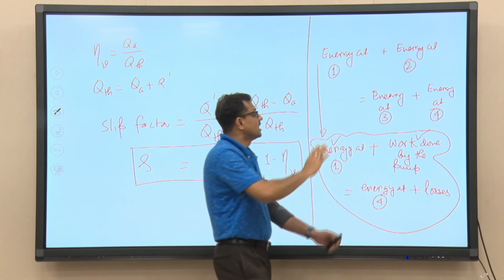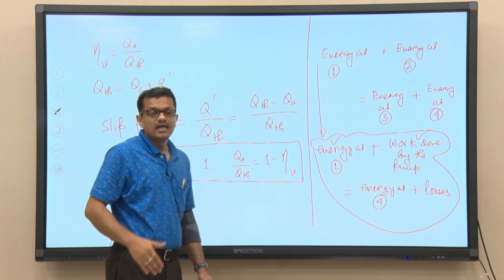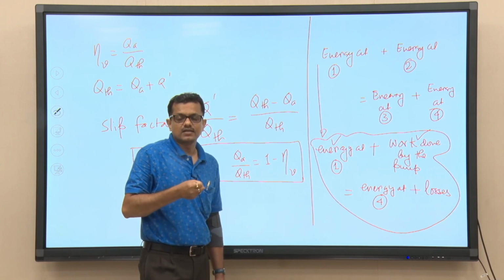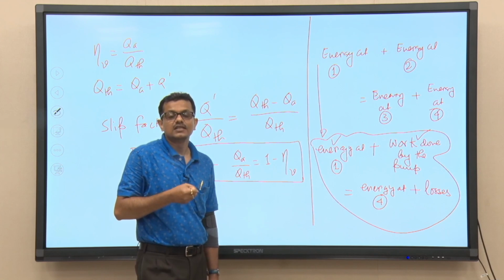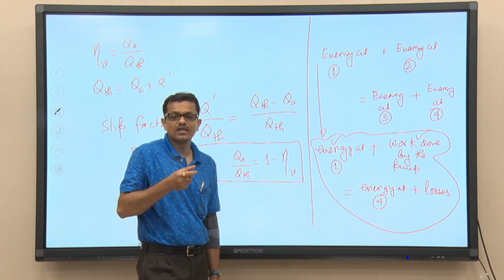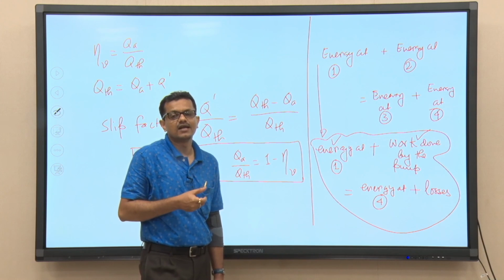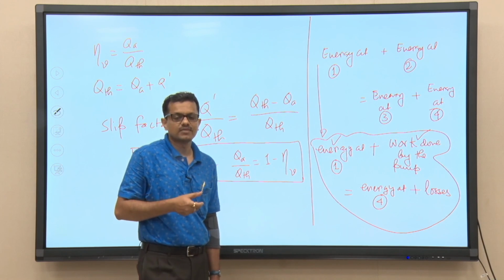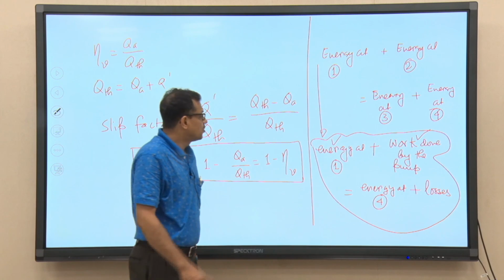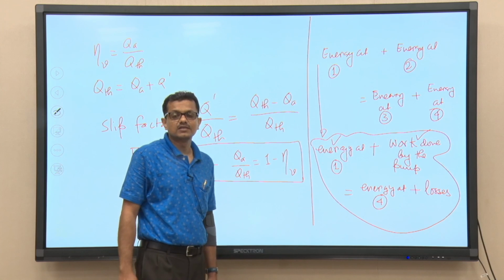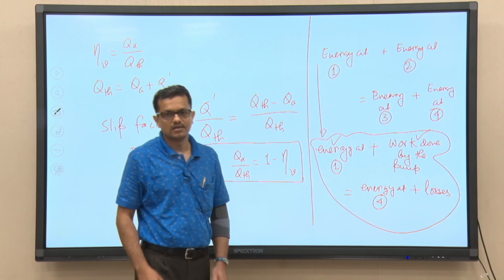So, that means we need to know what is the energy at point 2, and if we look at the expression of energy at point 2, probably that will give us an indication about the magnitude of pressure, and we will be able to understand whether the pressure will be below the vapor pressure or not. So, for that we need to go for a separate analysis of both the suction and delivery side, and that we will take up in the next class. Thank you.